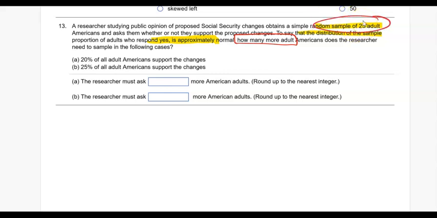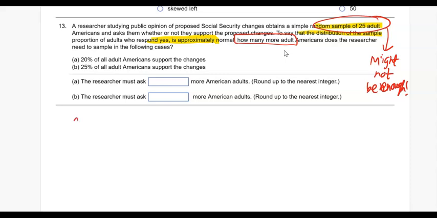That might not be enough. So they ask how many more you need to sample to make the sampling distribution of the sample proportion approximately normal. So we are looking for the sample size we actually need.